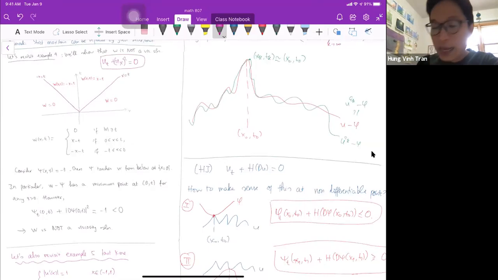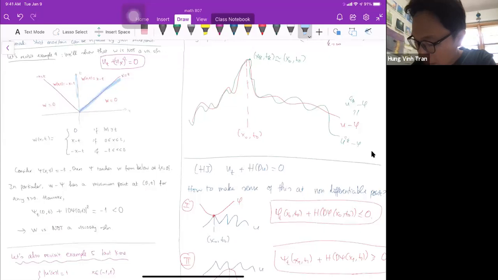Okay, and we want to show now that the function W here is not C1 at the 3 rays. And we're going to show that W is not a viscosity solution.